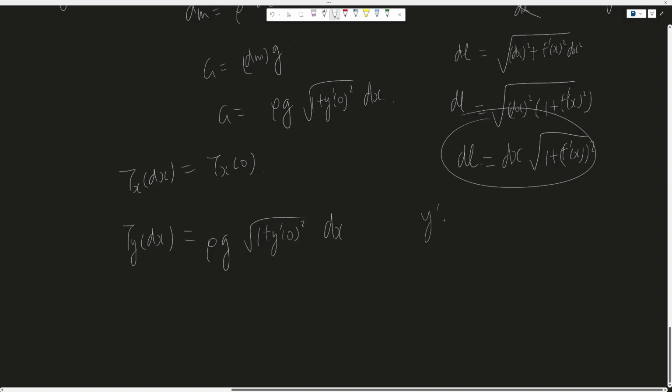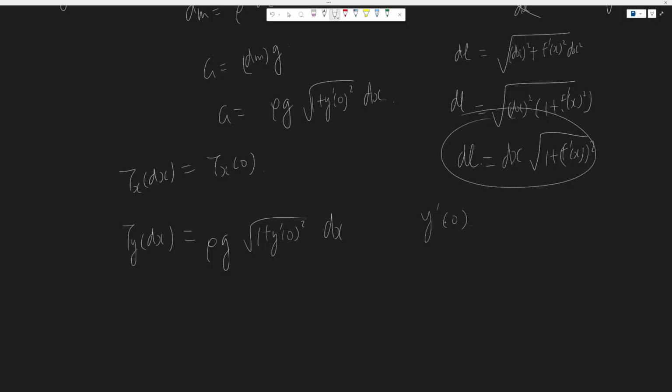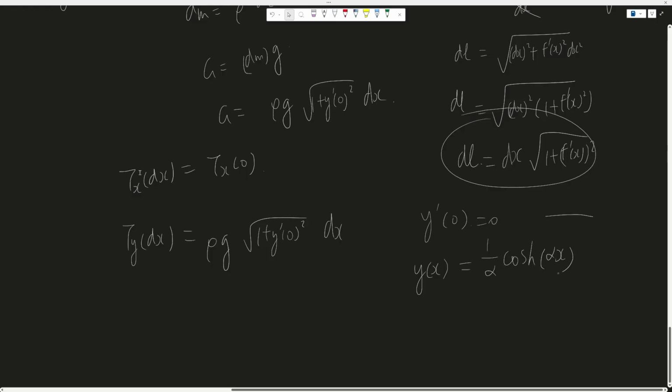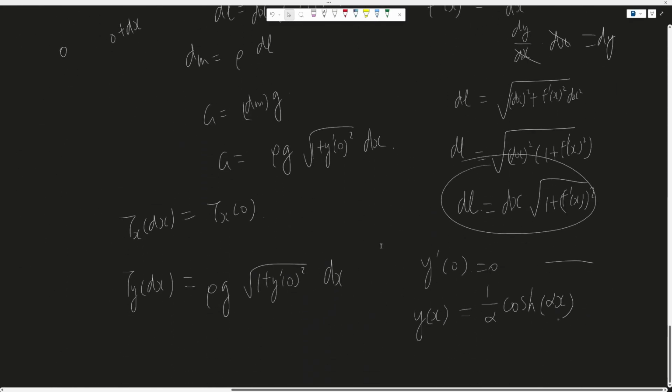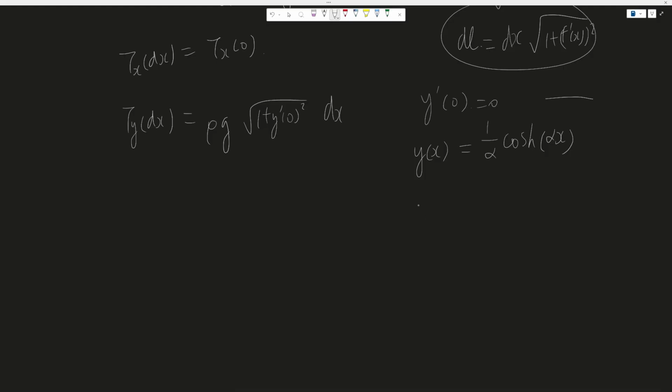And now what is y prime of 0? Well, let's think about it. There are two ways of doing this. So what does y prime of 0 mean? It means the slope of the bottom of the piece, this piece at the very bottom. So then the slope is just 0. But we can also see another way. Remember, we have the formula y of x equals 1 over alpha cosh alpha x from problem 2.6, 2.8 here. So then what is y prime of x?